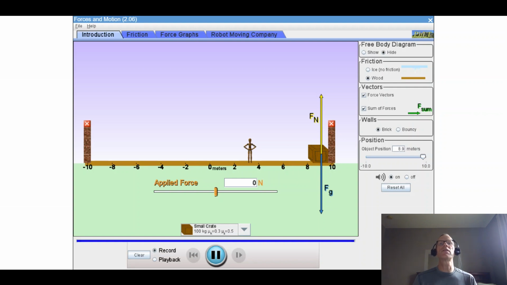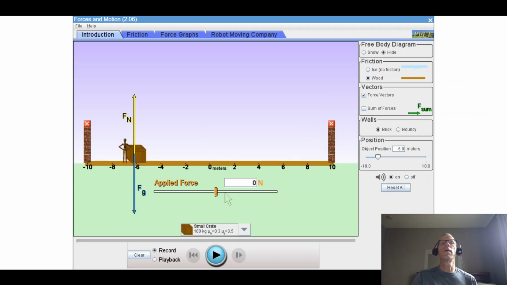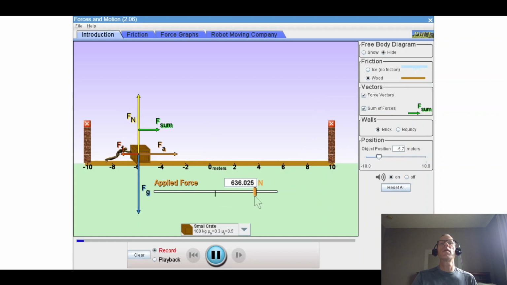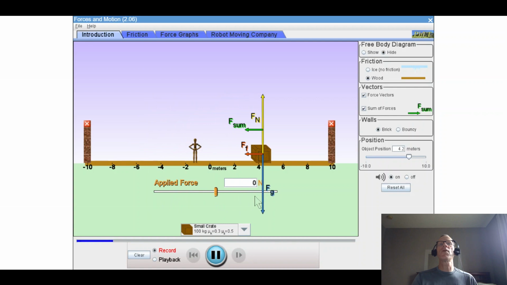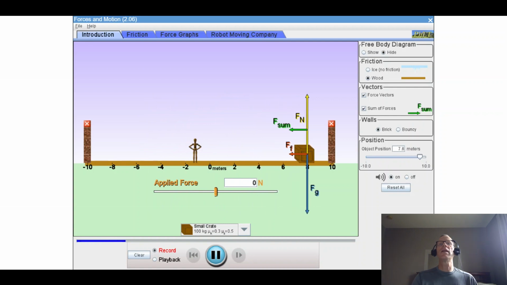When the net force, or the sum of the forces, is pointing to the left, the acceleration is to the left. When the net force is to the right, the acceleration is to the right. So it's accelerating to the right, and then I stop the applied force. Now it is accelerating to the left.